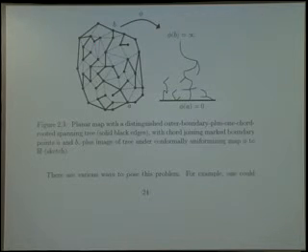Omer Angel and Oded Schramm showed that if you take the infinite volume limit of the random triangulation and start a random walk on it, it's recurrent. It goes back to the origin infinitely many times. Okay? That's a statement. What's that?